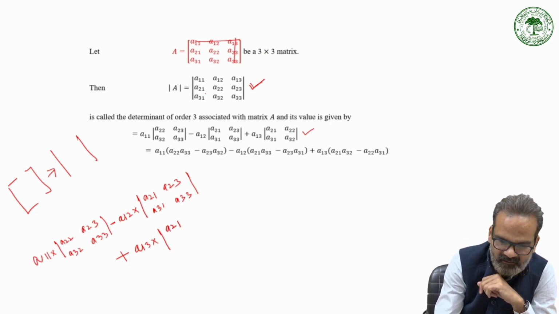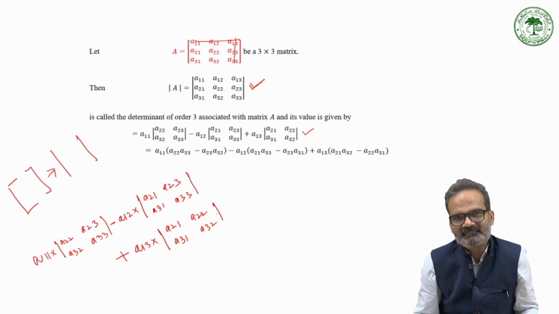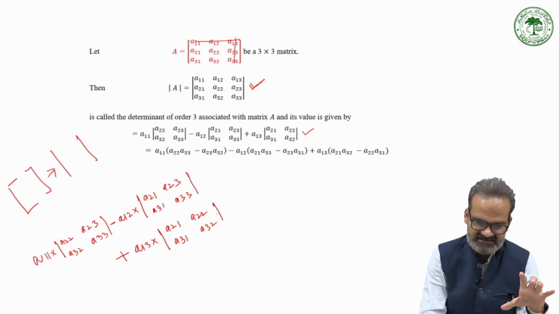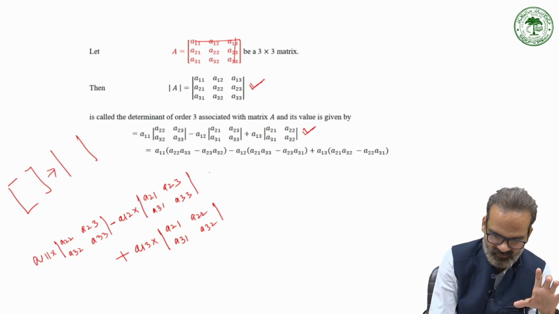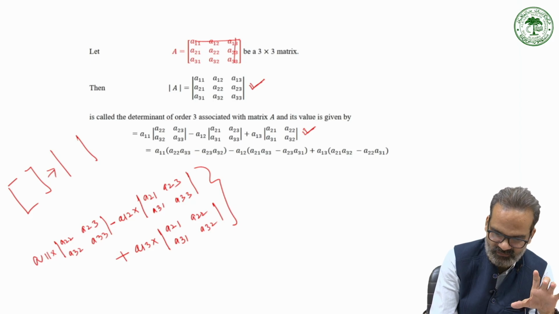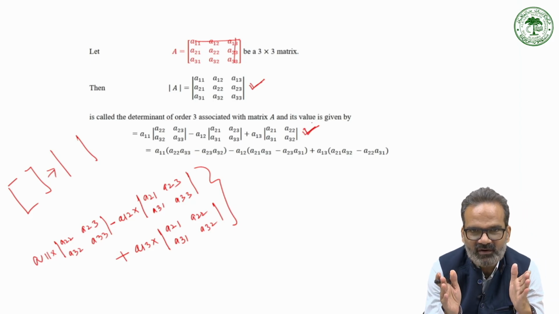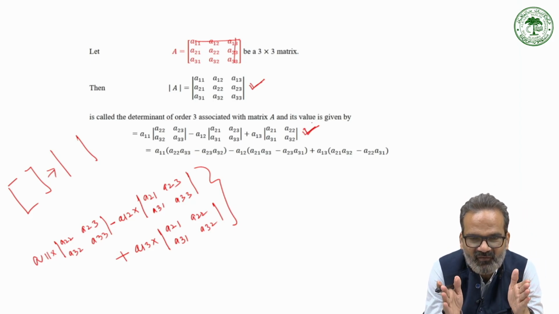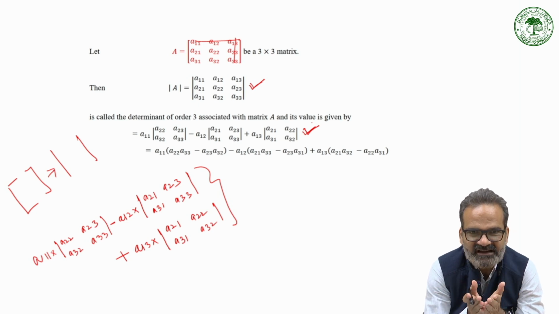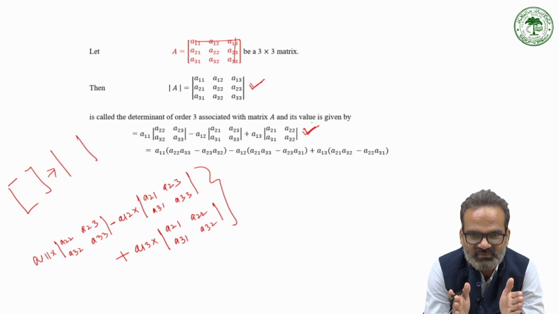A21, A31, A22 and A32. Clear? We have shown this row, right? This is called the expansion of a determinant of order 3 along the first row by decomposing it into the sum of determinants of order 2.